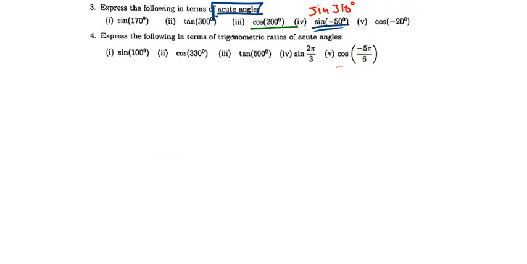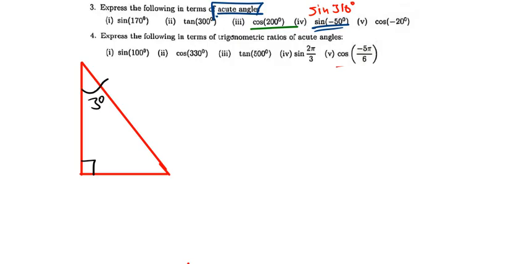Okay, by now, if you've not yet gone to the introductory video to trigonometry where I've explained the 30-60 triangle, watch that video. 30-60, 45-45, these are going to be very cardinal as we look at these questions. So I'll just give you this one only. 30-60.